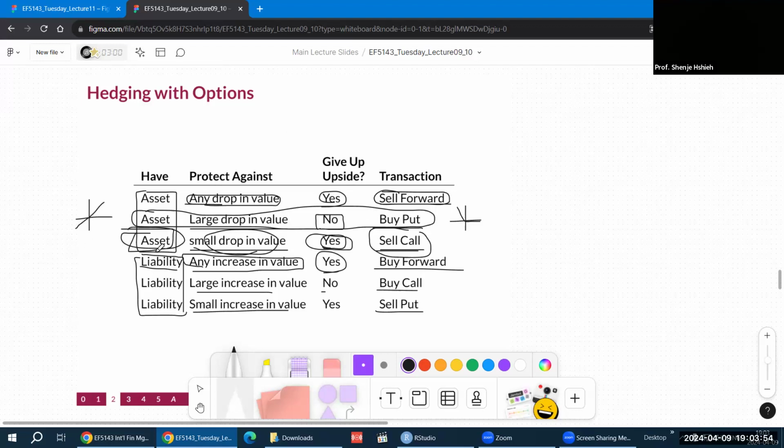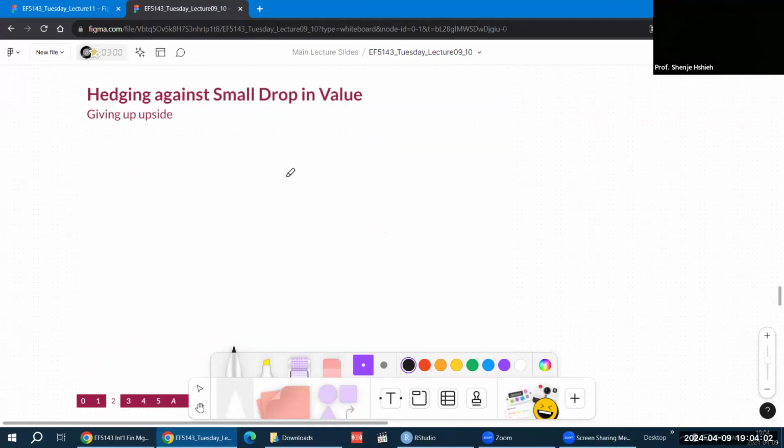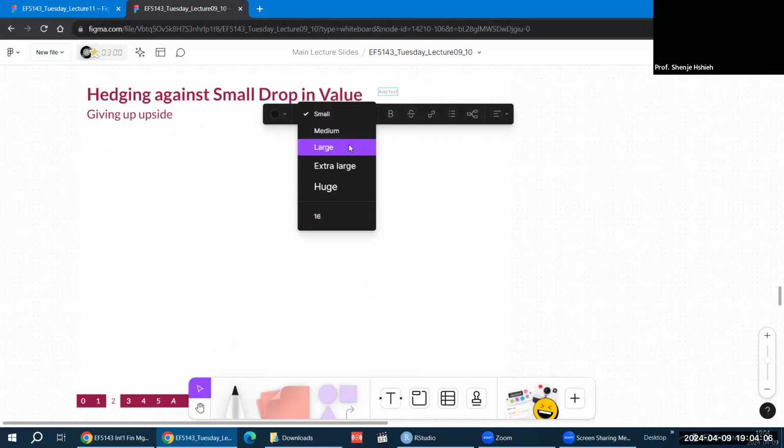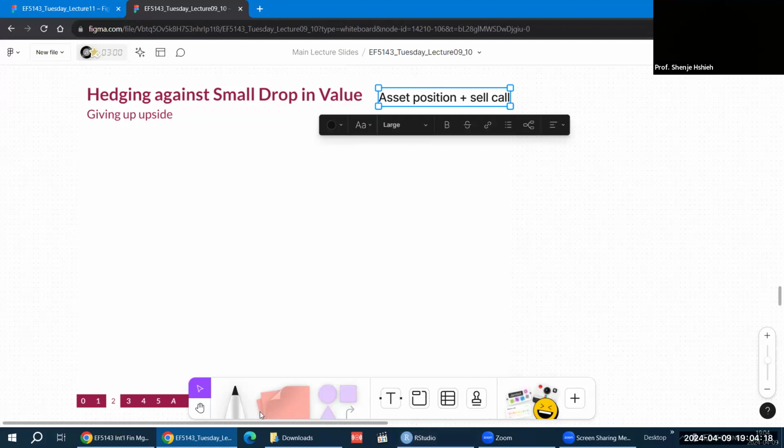So let's talk about this scenario in which we have an asset position and we're going to sell a call option. So let me write here asset position, and then we're going to engage in a sell call or short call position.